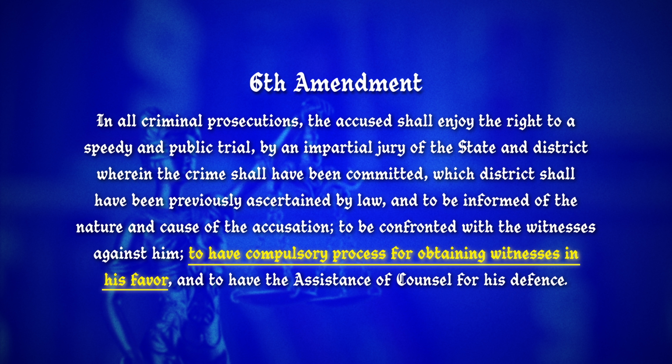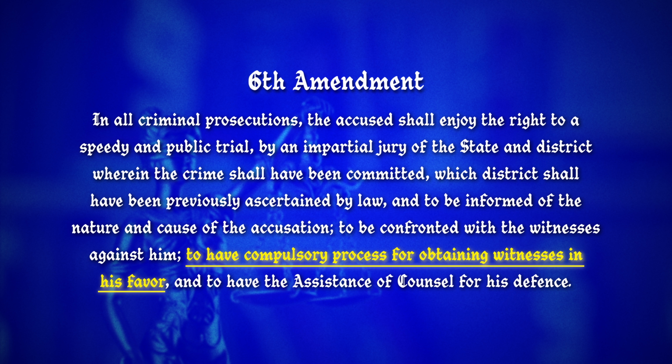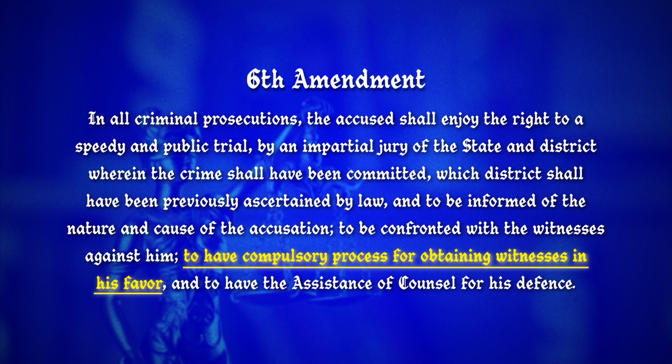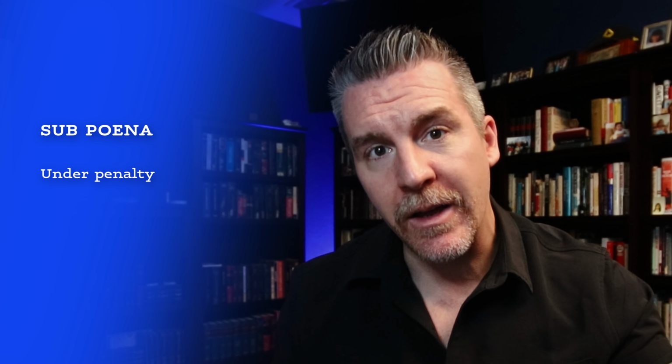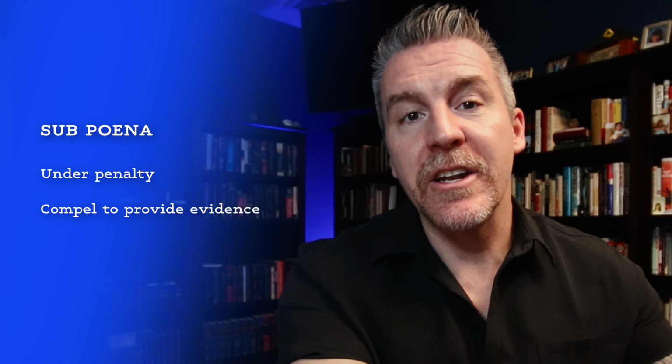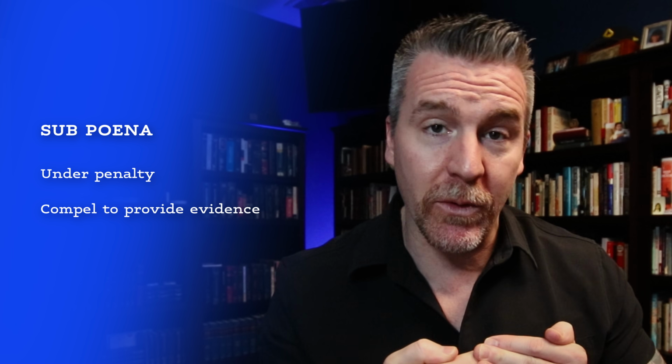Also under the Sixth Amendment, you have the right to compulsory process for obtaining witnesses in your favor. This means that you have a right to subpoena witnesses so you can present your side of the story. What does that mean? Subpoena means under penalty. This means that you can file a subpoena to compel somebody to be a witness for you.